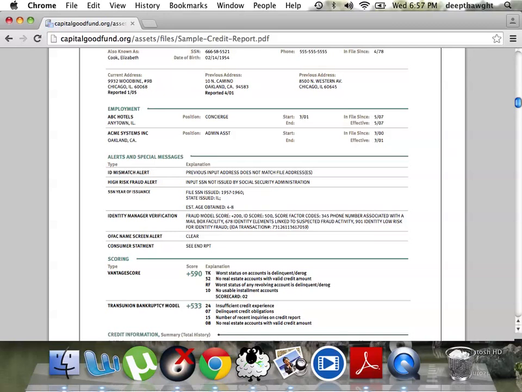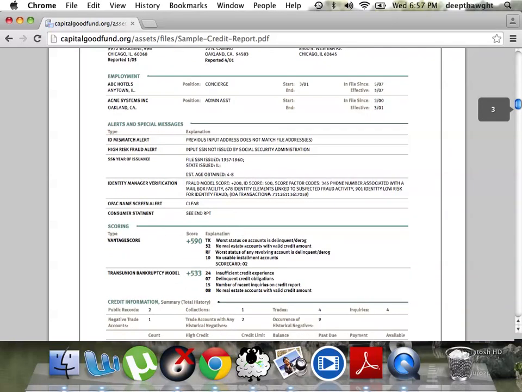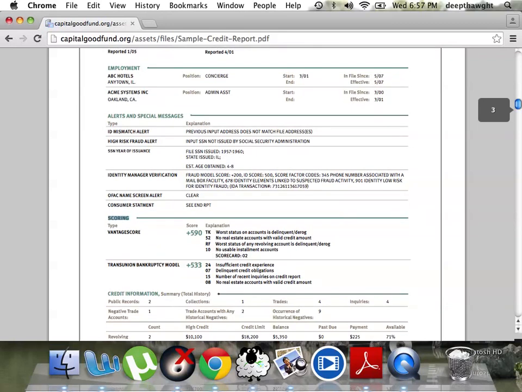All right, now let's talk about the scoring. The scoring right here is the VantageScore type, the VantageScore TransUnion bankruptcy model. You have two different scores, a 590 and a 533. Typically, each credit bureau gives you one score.